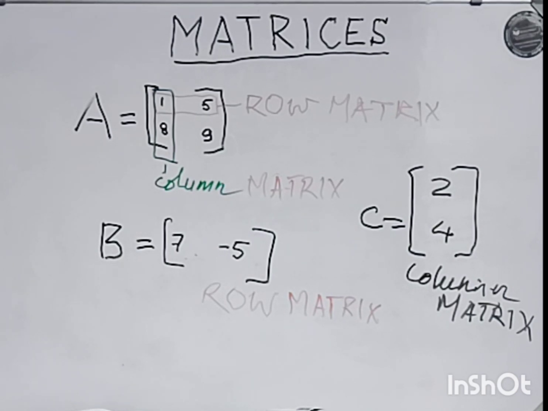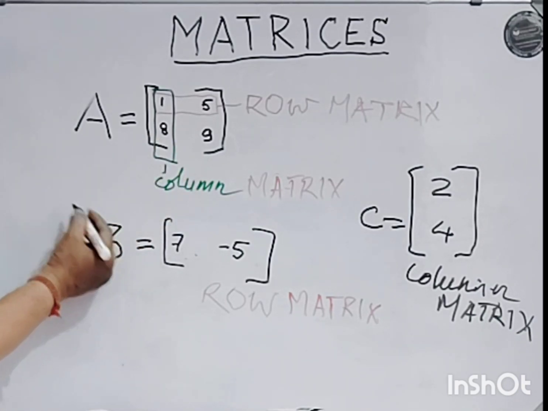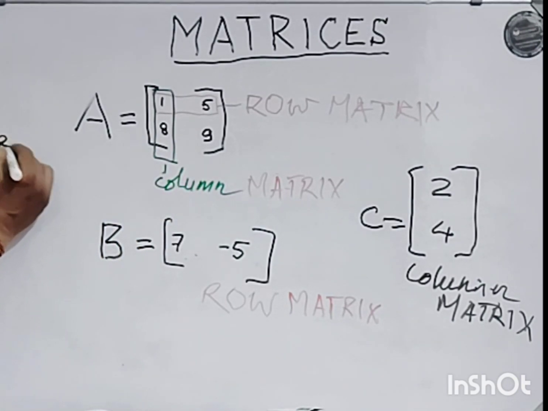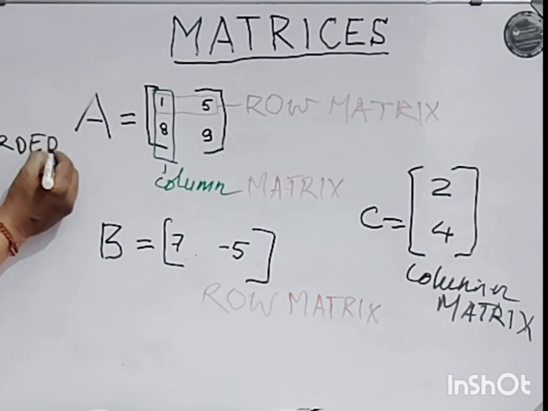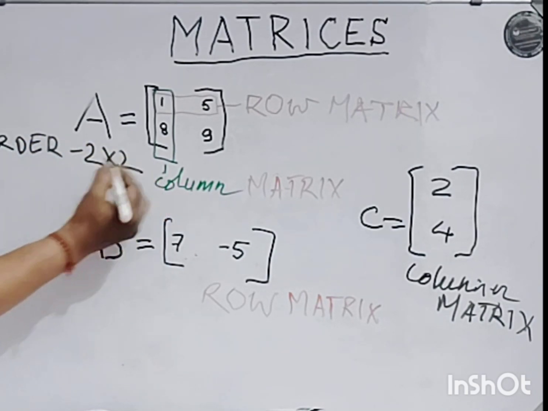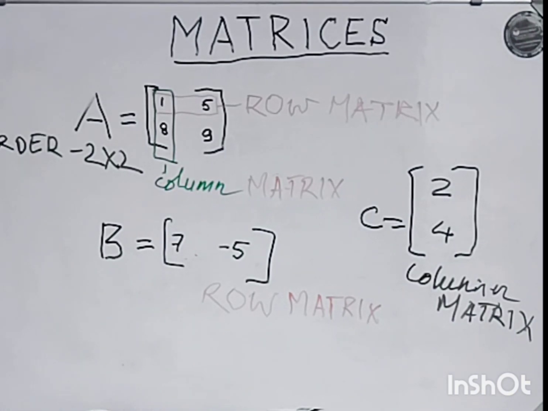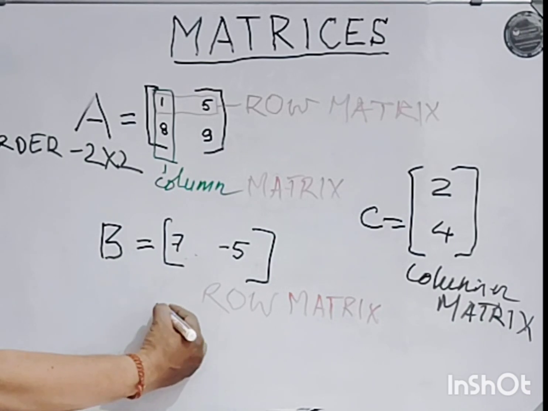So now we have to understand what order is. Here the order of this matrix is 2 into 2. Here, 1 into 2. This is the order.